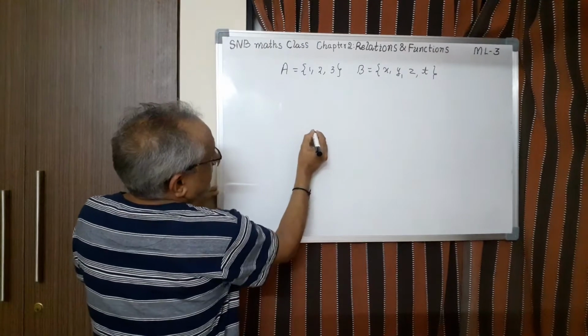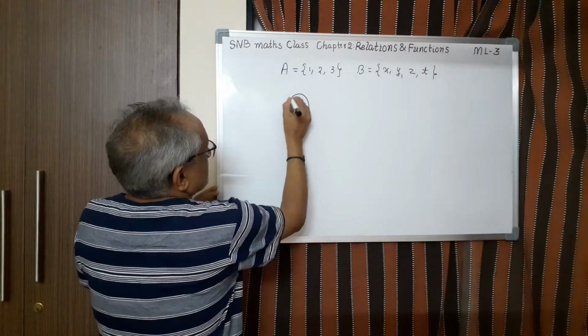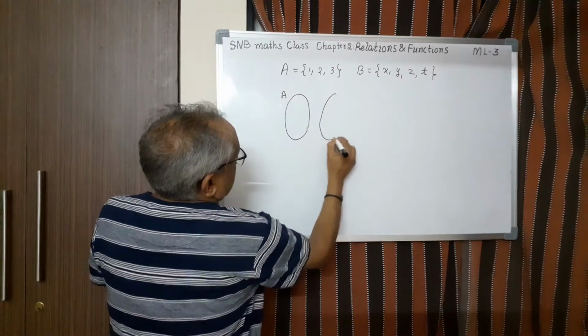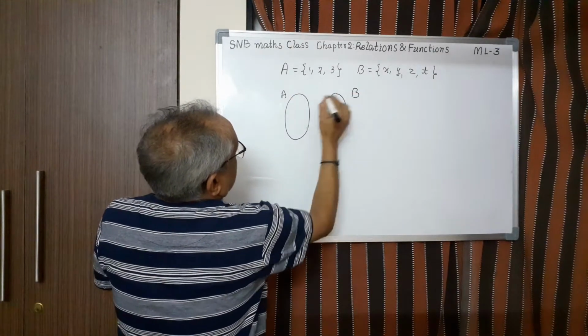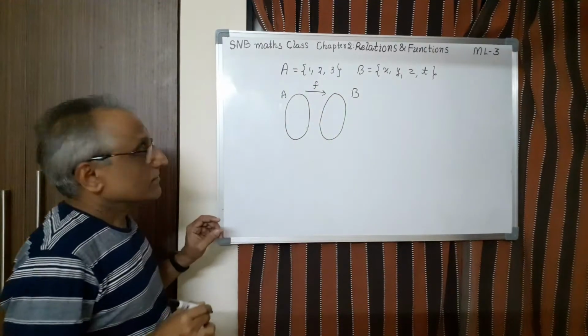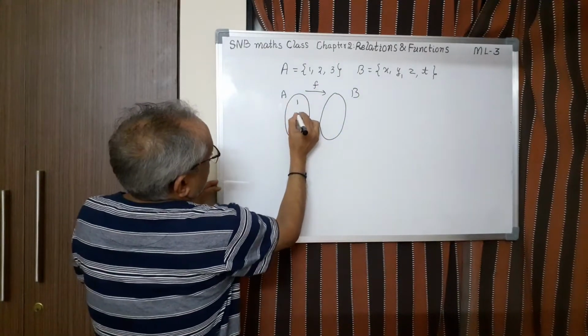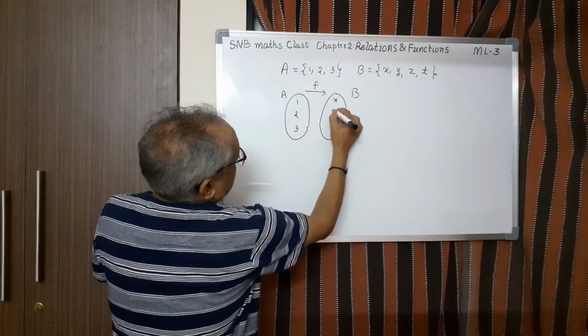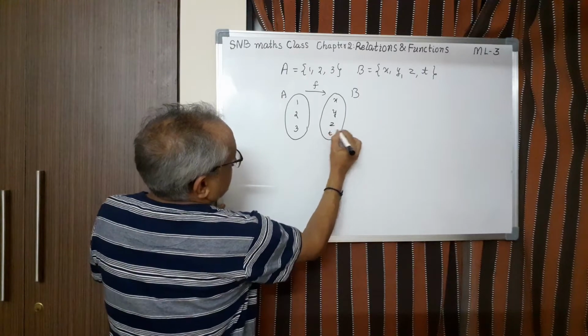Let me use the ray diagram so that it is easy. Suppose you take A and B, and the function, let me call it as f. So here 1, 2 and 3, these are the elements. Here x, y, z and t.